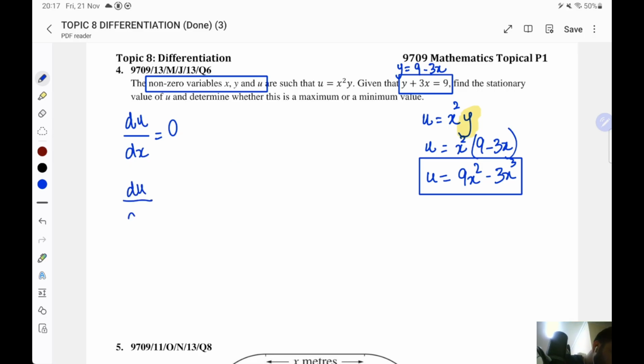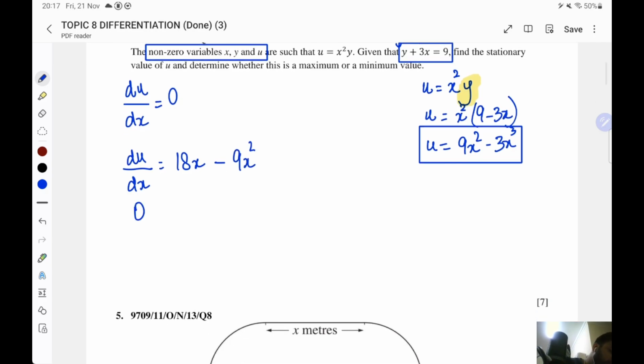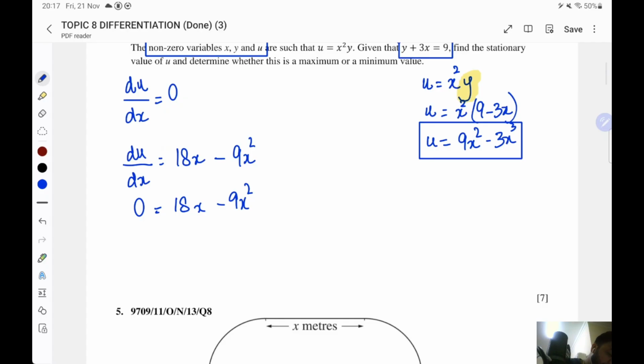Okay, so let's find out du by dx first. So du by dx, it will be 18x minus 3 times 3, 9x square. And since we are interested in finding the stationary value, which will be equal to 0, so if I simplify, 9x is common, and it will be 2 minus x equals 0.